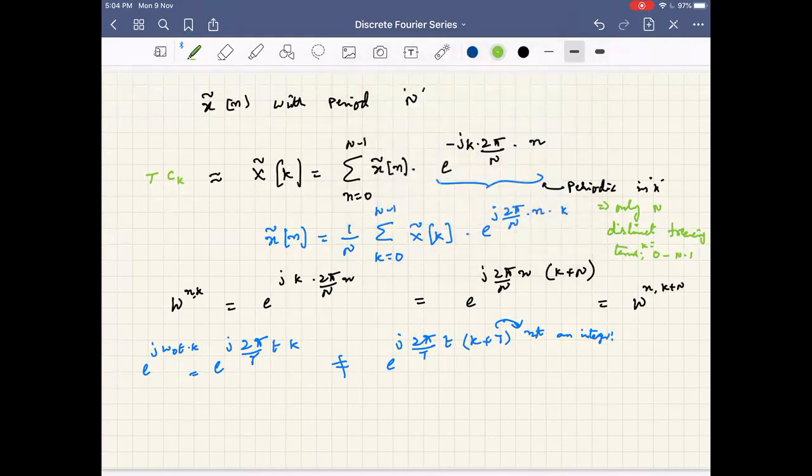This is the synthesis equation. This is analysis.